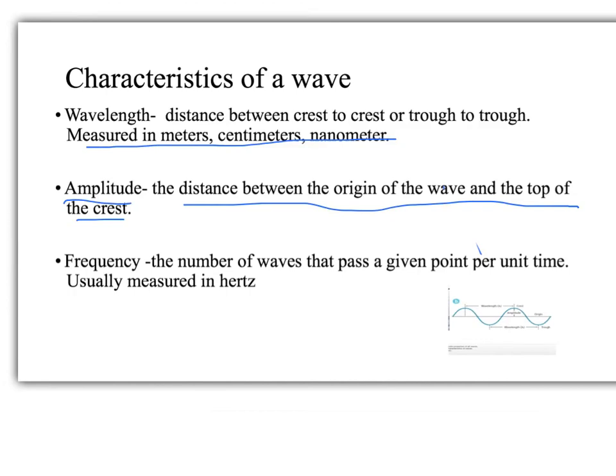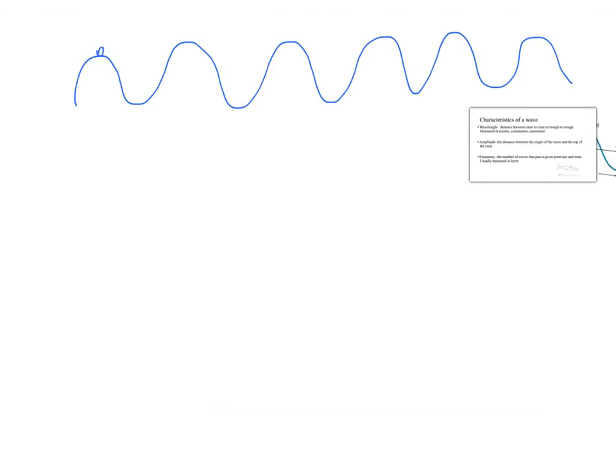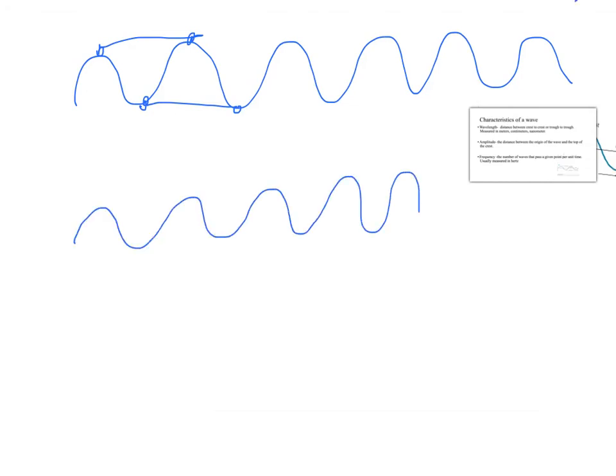If we are looking at a wave, we can measure the distance from crest to crest, or trough to trough, which is the wavelength. The frequency is the number of waves that pass a given point per unit time. Let's say we're measuring at this point, in one second.